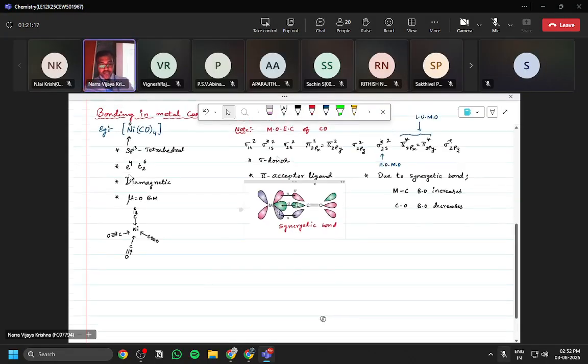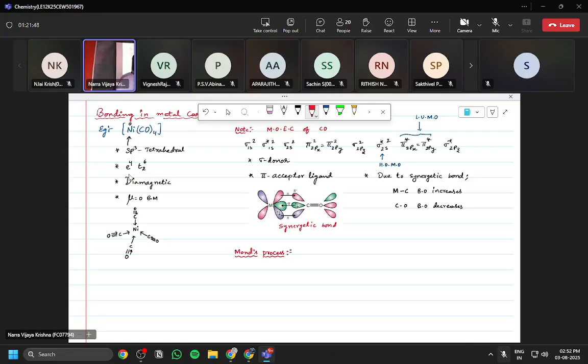This metal carbonyl we discussed in the case of Mond's process also, if you remember. What is Mond's process? In order to purify nickel, we pass carbon monoxide over the surface of impure nickel. Temperature must be less than 80. Then nickel will combine with carbon monoxide to form a complex which is gaseous.